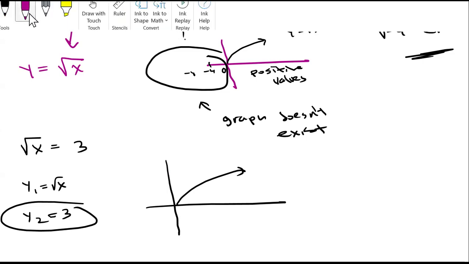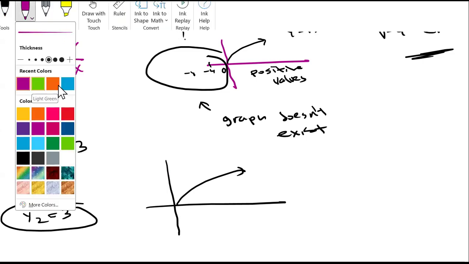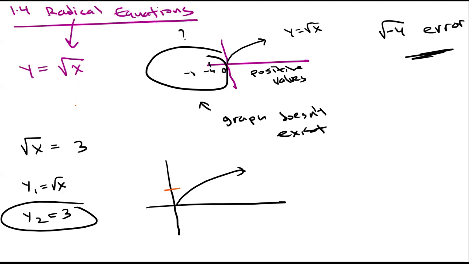And what kind of graph is that? Would it be linear? It's linear, right? So it's going to be a straight line. y equals 3 is just a straight line, a horizontal line.